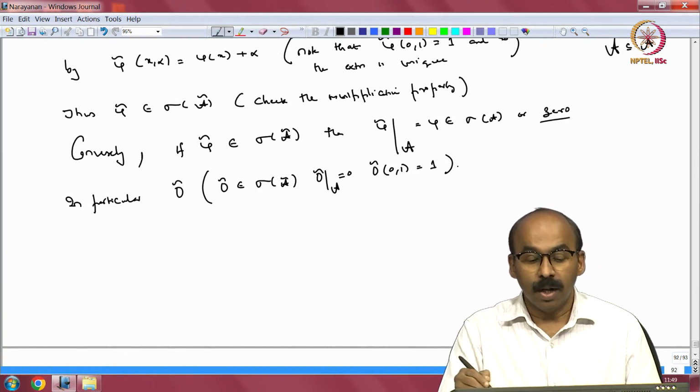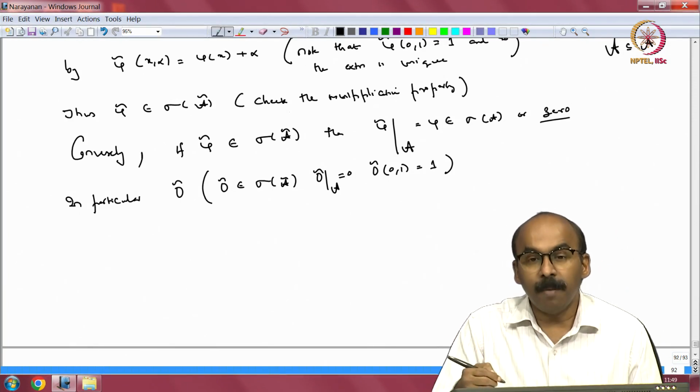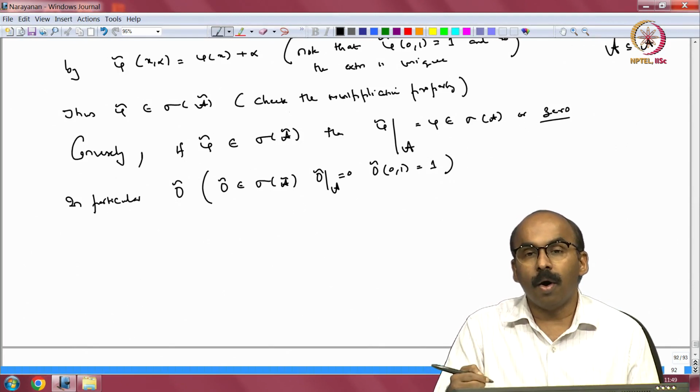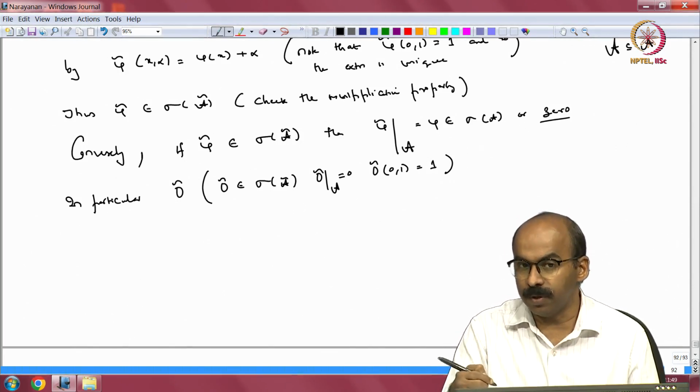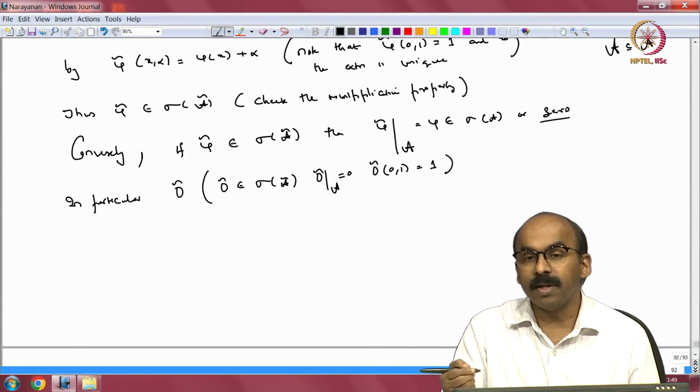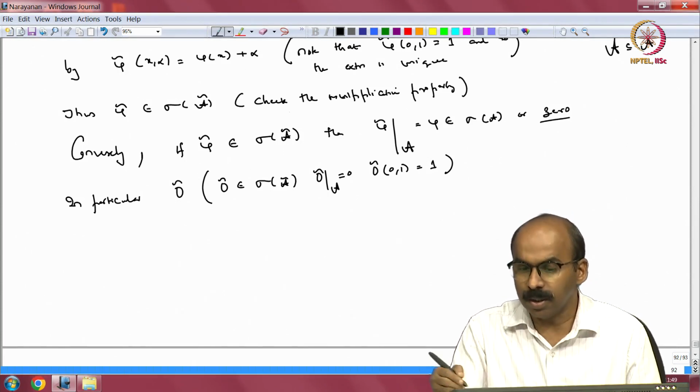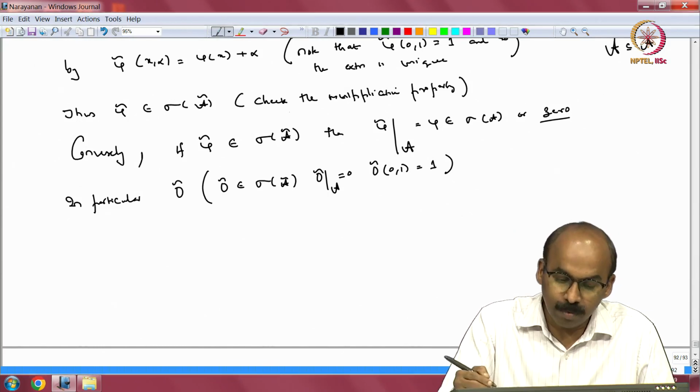In particular, if a multiplicative linear functional on A tilde, the bigger space, restricted to the smaller space A is 0, then that multiplicative linear functional is 0 tilde, there is no other choice. But then what is A?